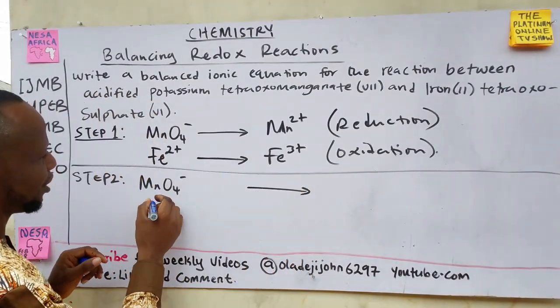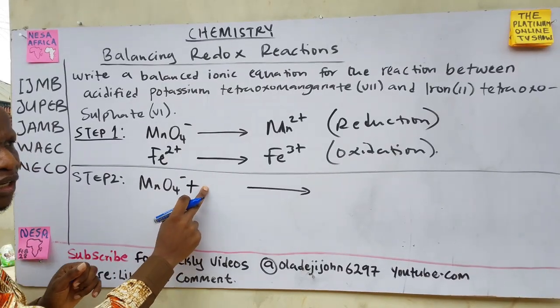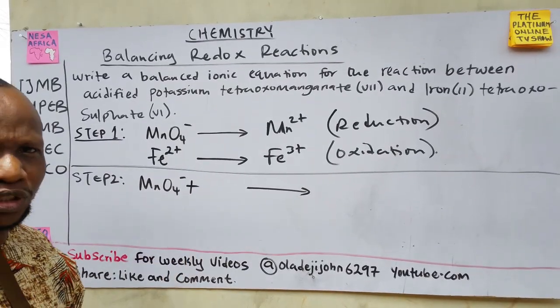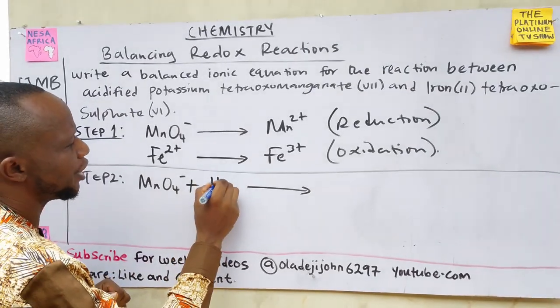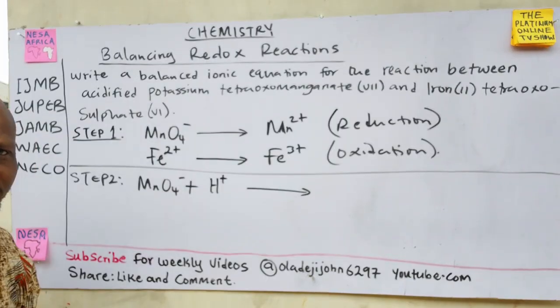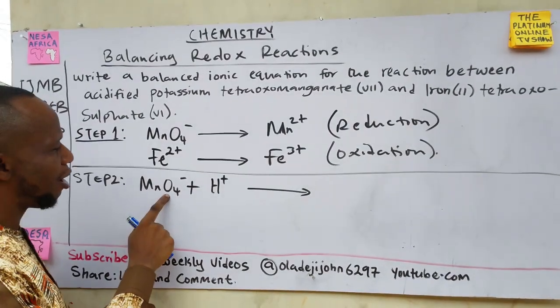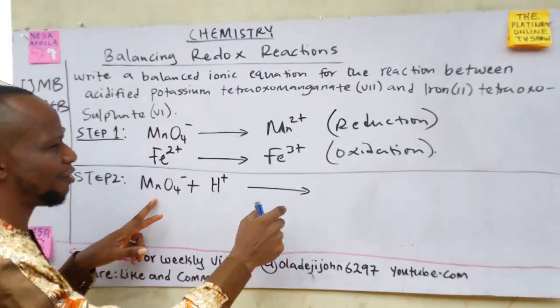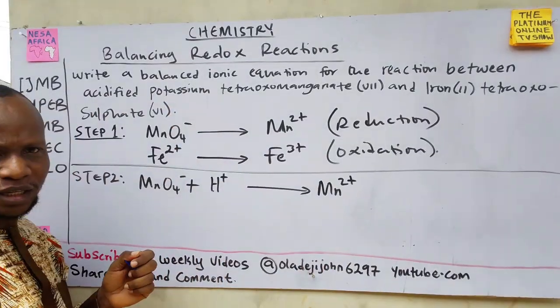So we have here plus what? I said we'll be adding hydrogen ions. How do I know how many hydrogen ions I am supposed to add? This is simple logic. Four oxygens are involved here, after the Mn ion has been taken.